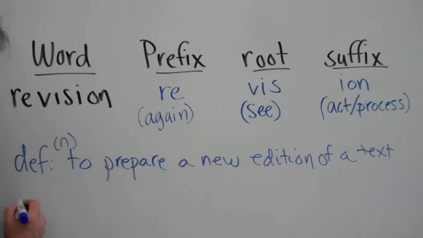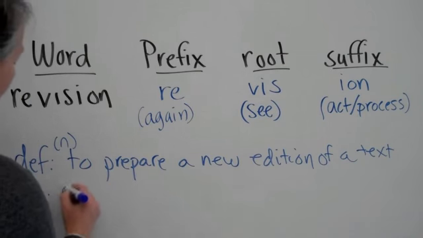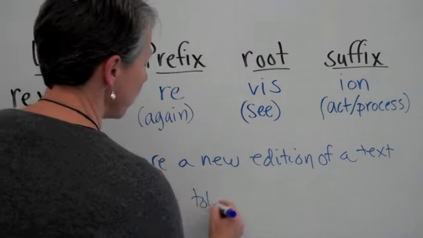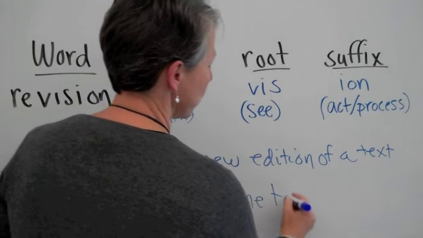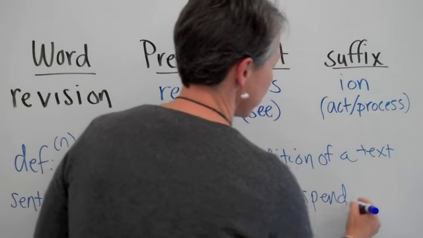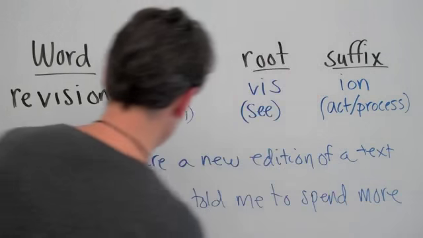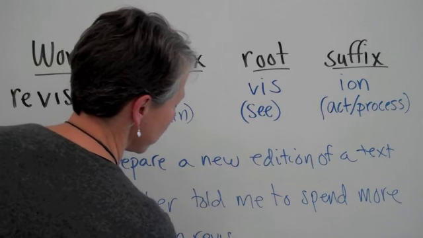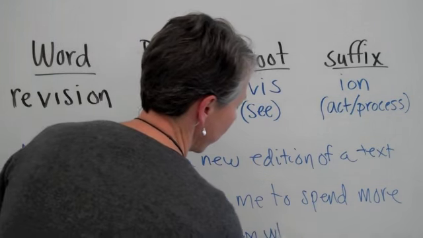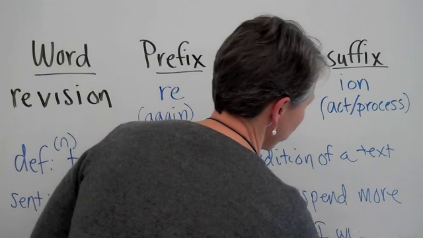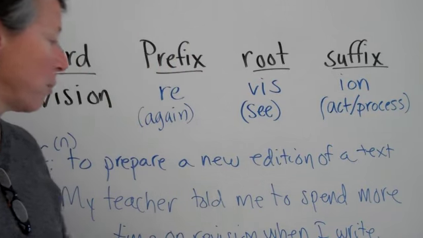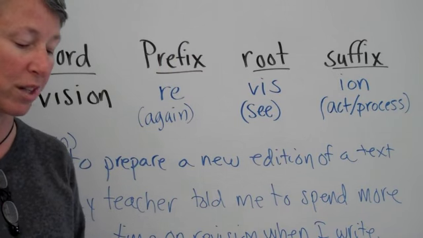So, my sentence for this word is, my teacher told me to spend more time on revision when I write. So you can see that I'm talking about the writing process by the way I put the word in the sentence and use the word in the sentence.